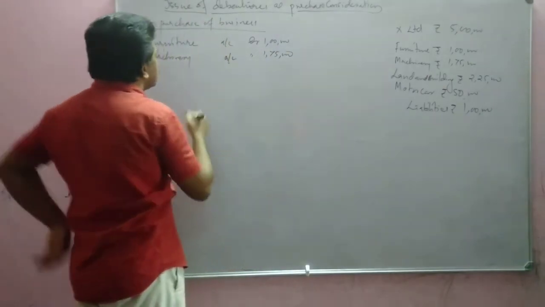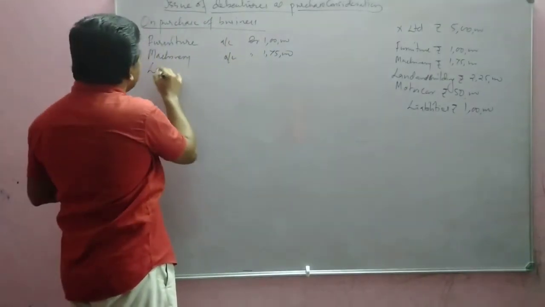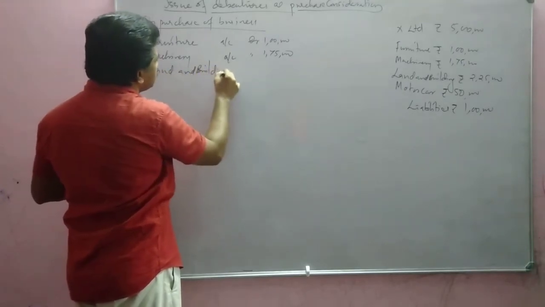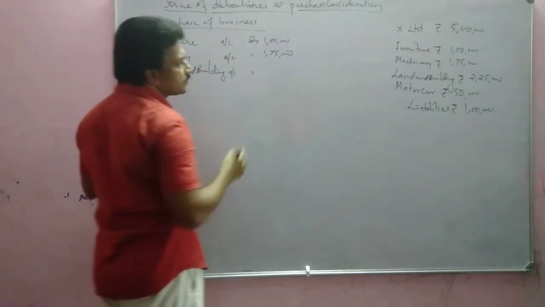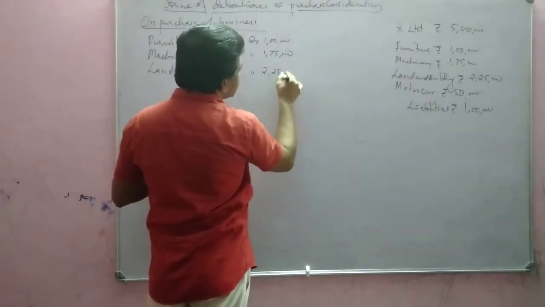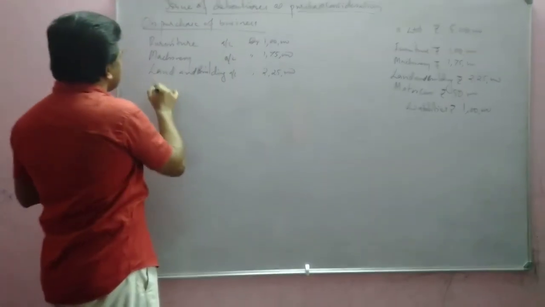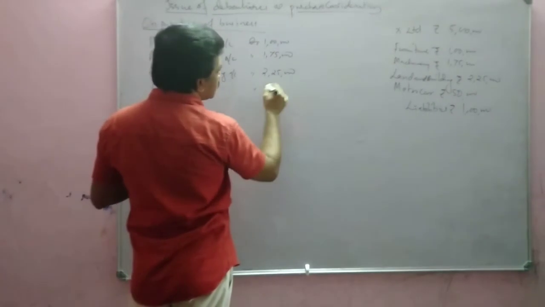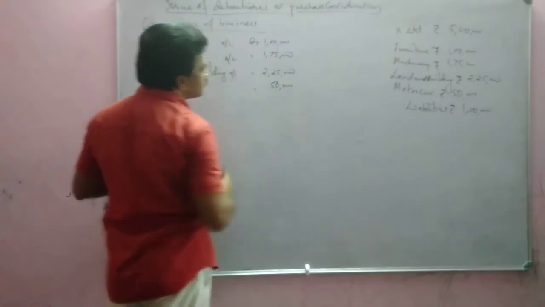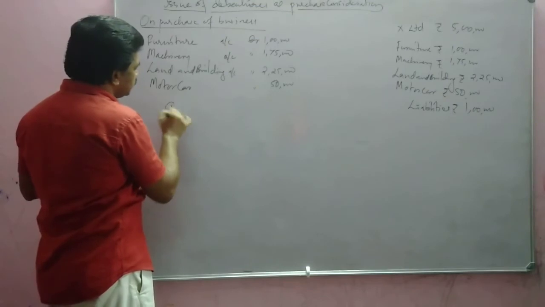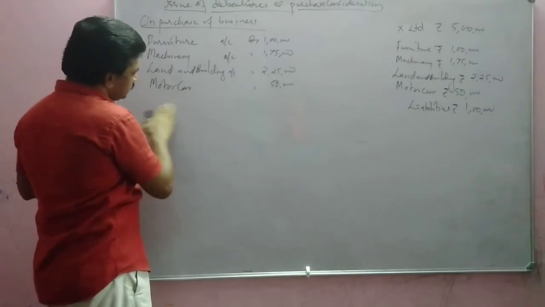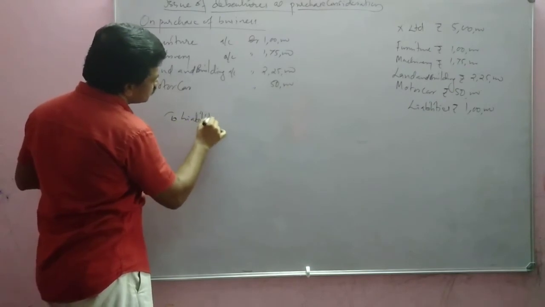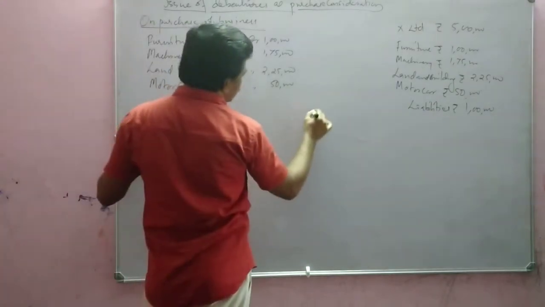Then land and building account debtor 2,25,000. Then motor car debtor 50,000. To liabilities 1 lakh.